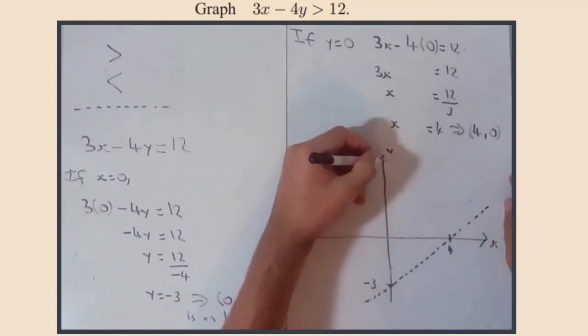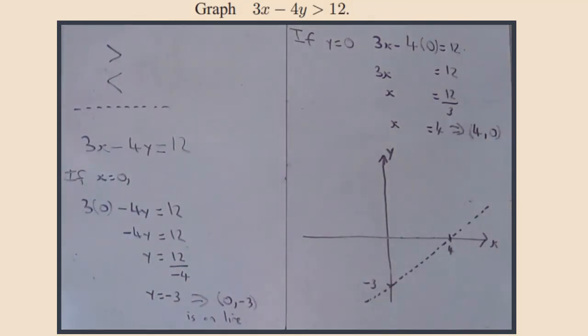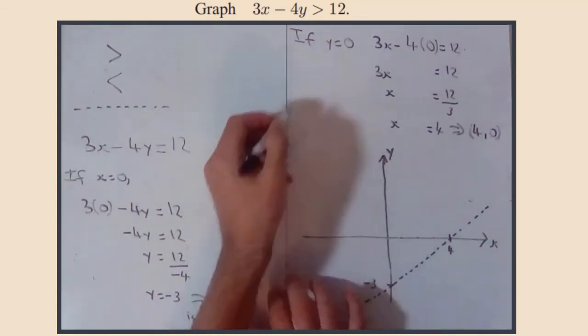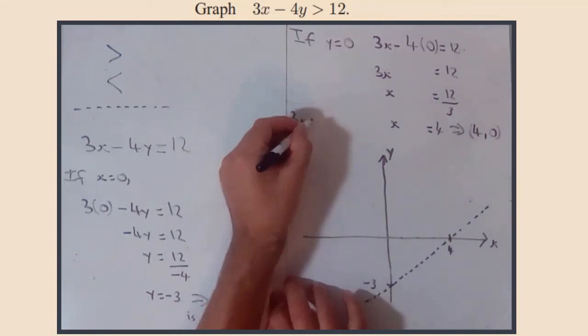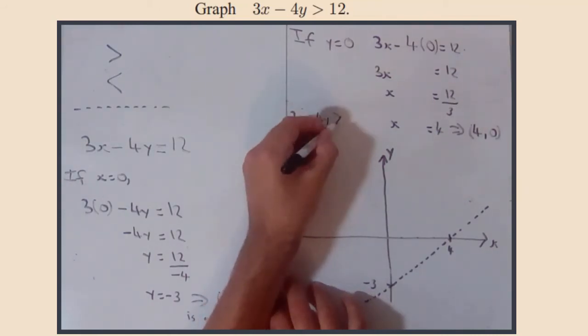Now what we need to do is decide, well, which side of the line are we going to shade? Now in this qualification that we're doing, the Cambridge 0607 course, the standard way to do this is to shade unwanted regions. So you shade the opposite of what you're being asked for. So we want 3x minus 4y is greater than 12.